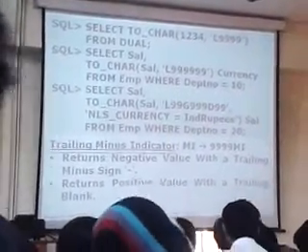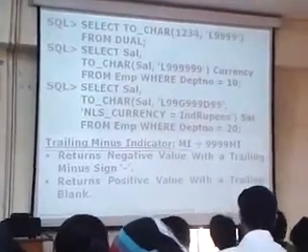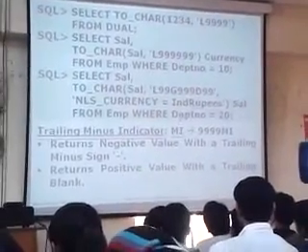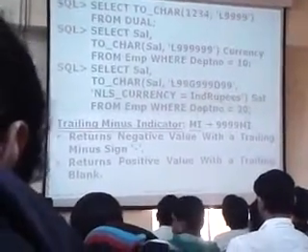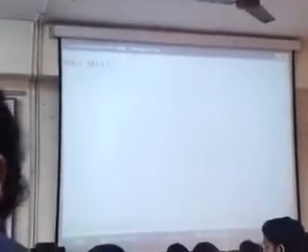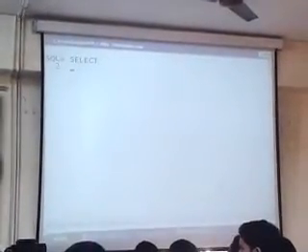The trailing minus indicator is represented by MI, and you should always remember MI should be towards the right side. That is the reason it's called the trailing minus indicator. What is this trailing minus indicator? Let us check the issue. We are going with one small construction.